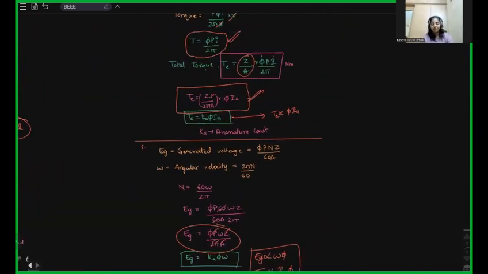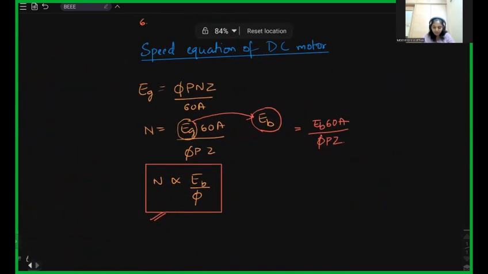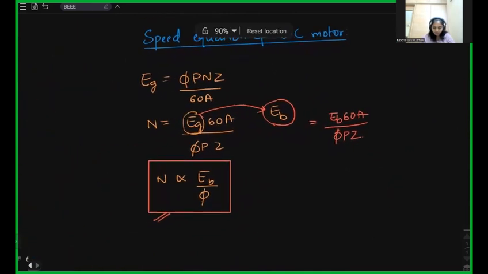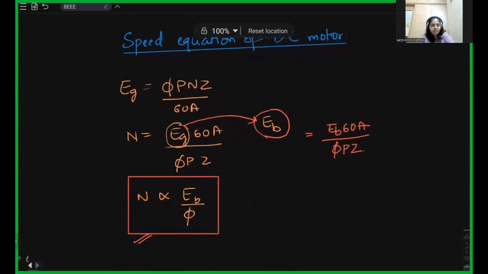Now let us come to the final topic of today's presentation, which is the speed equation of a DC motor. Why do we need to control the speed? A DC motor generally gives an output of constant speed, and we don't want constant speed for every usage.